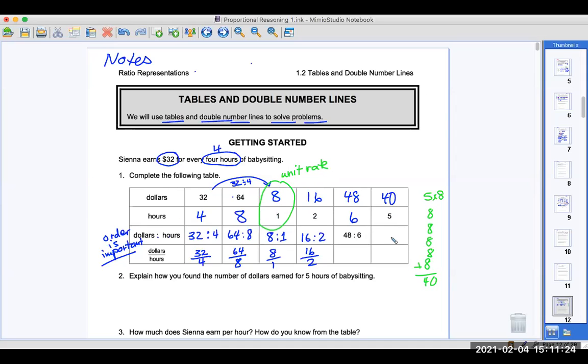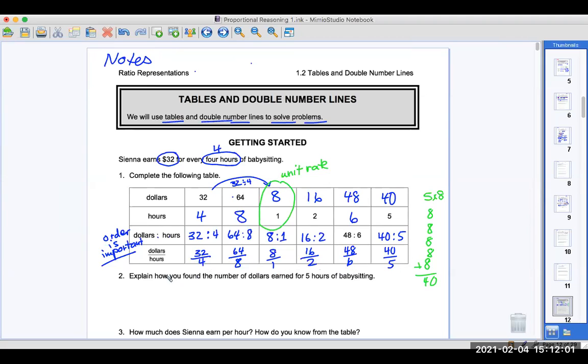Okay. And that would be 40 to 5 or 40 over 5. And this is 48 over 6. These proportions here, these ratios are all the same value. You can tell. If I would divide this, each one of them will be 8. 64 divided by 8 is 8. 8 divided by 1 is 8. 16 divided by 2 is 8. 48 divided by 6 is 8. 40 divided by 5 is also 8.